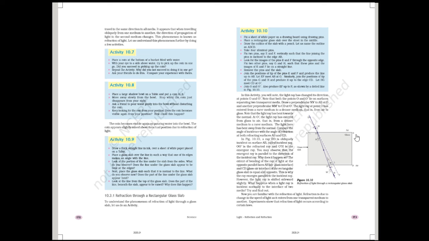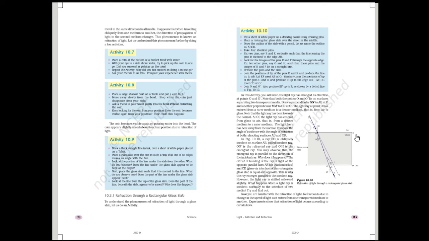At O dash draw a normal to CD, M dash, and join O and O dash also.